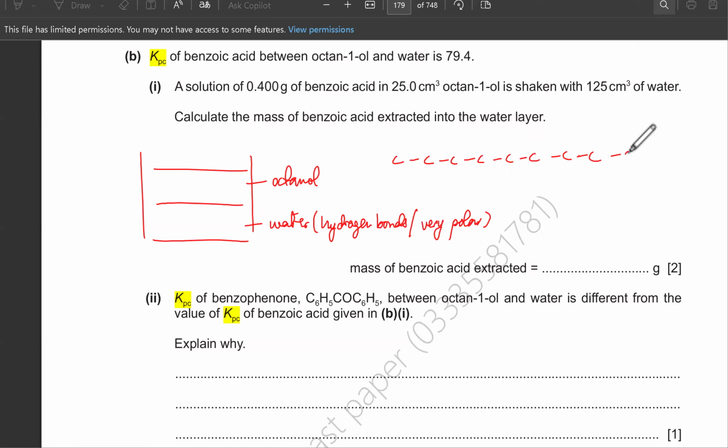There's a tiny bit at the end which is polar, but that's just a tiny bit. So percentage-wise, octanol is mostly van der Waals forces. Most of the carbon chain is non-polar and forming van der Waals forces. Compared to water, this is very, very non-polar. Is that part clear as well?